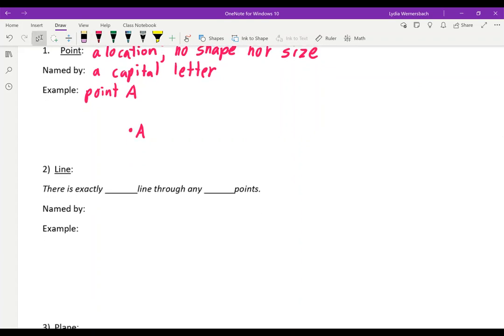Our second term would be a line. And so a line is made up of points, but it has no thickness or width.